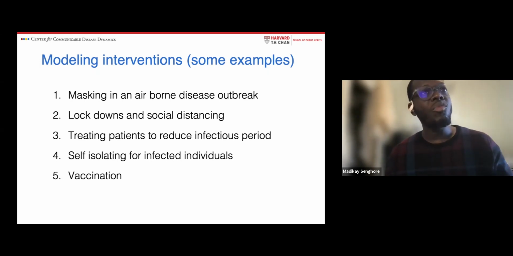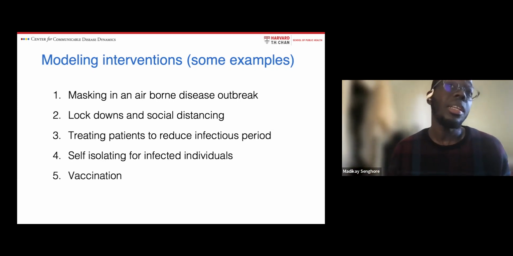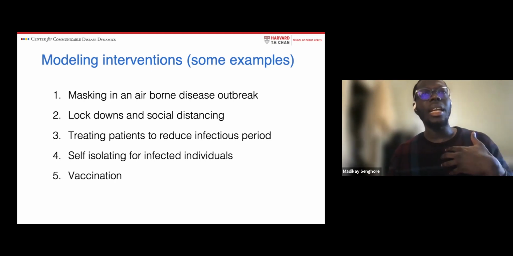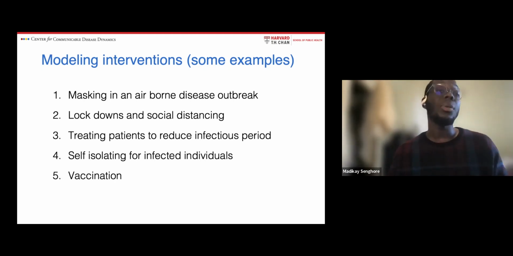Again, when you have lockdowns and social distancing, how can you account for this? When you're treating patients so that you reduce the infectious period, how does this translate in the model? And also, if individuals get infected and they're self-isolating, how do you account for it? And finally, I'll touch on vaccine status as well.